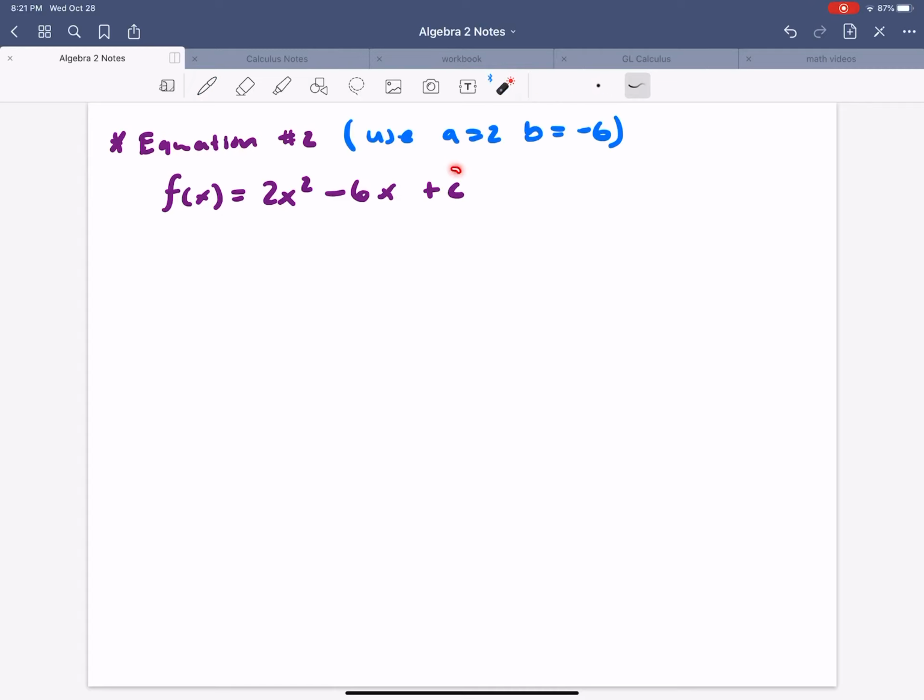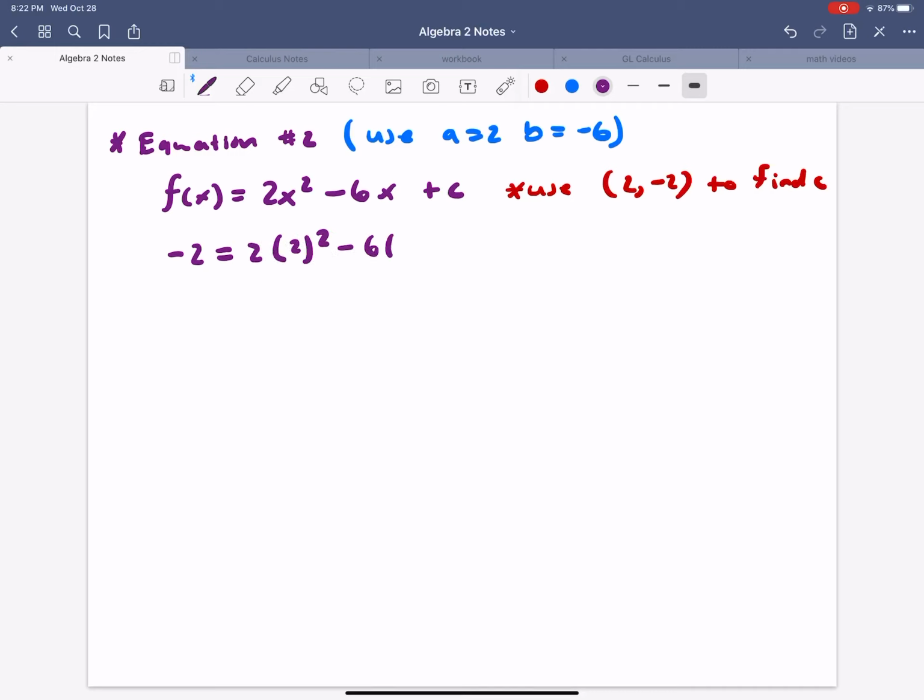Now again, our challenge here is to find the c value. So we are going to use that point that was given to us. We're going to use 2, -2 to find c. Exact same thing we just did. So the function equals -2 when I plug a 2 in for x. Now we just go through and solve this. So we get -2 equals 2 squared is 4. 4 times 2 is 8.